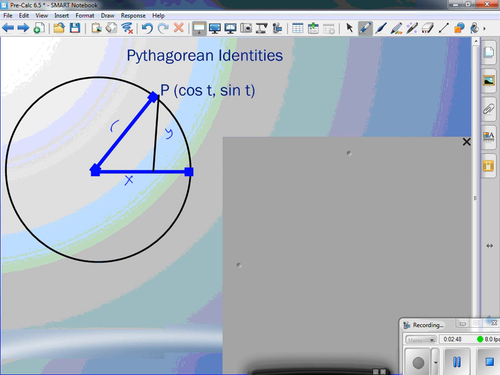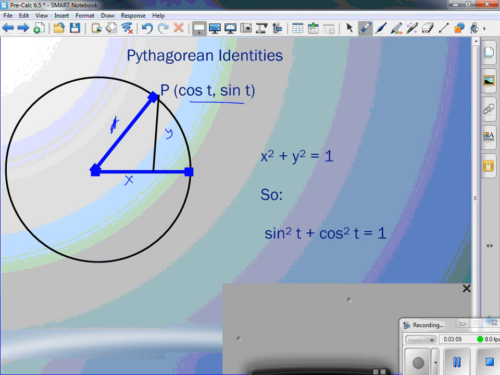Cosine. All right. So we know that x squared plus y squared equals 1. If this is a unit circle, this has to be 1. What is my x really up here? Cosine. And what's y? Sine. So that's where that identity comes from. Sine squared of t plus cosine squared of t equals 1.